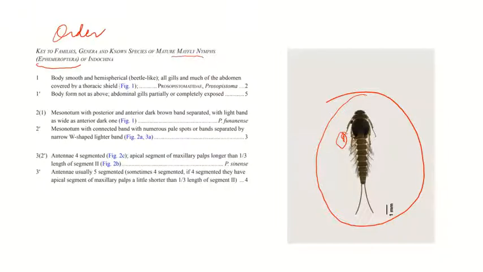And we can continue. This one is a key under order Ephemeroptera. And we can continue identifying this until, let's say, family, and maybe genus, and then species. Okay? So I'm just giving you a taste, or a view, or an impression on how to use a dichotomous key.